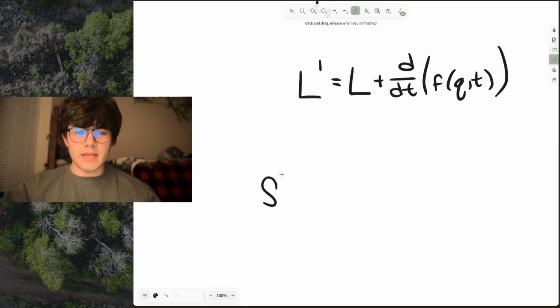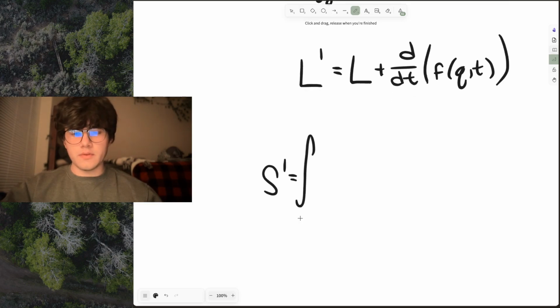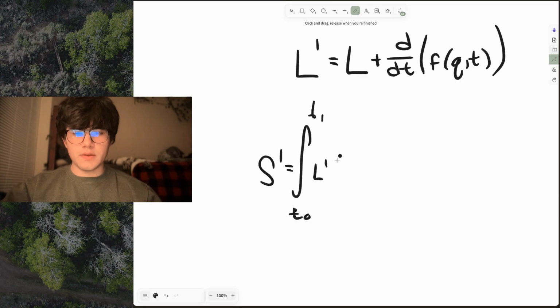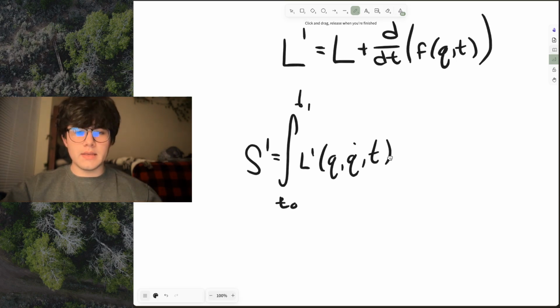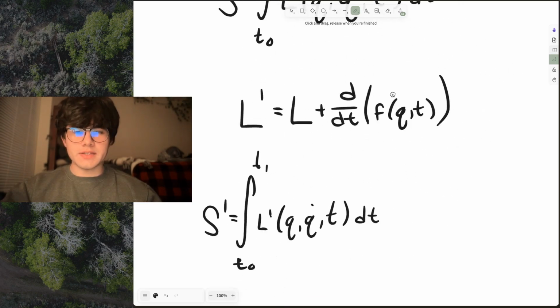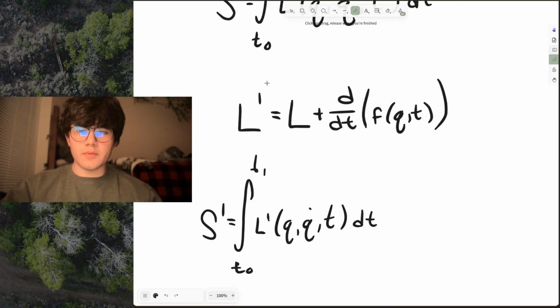So we'll say S prime, which is the new action, is going to be equal to the integral from t0 to t1 of this new Lagrangian, position, velocity, time, with respect to time. And what we'll notice is we can actually look at what this L prime is made of.